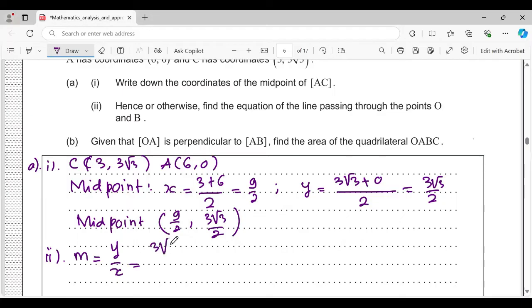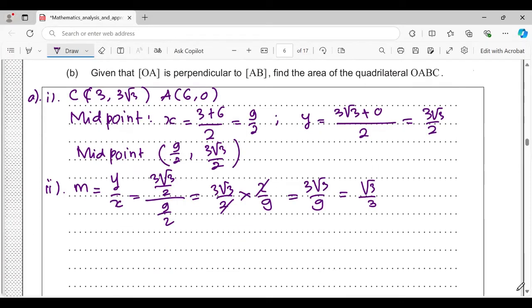So 3 square root 3 over 2 over 9 over 2, 3 square root 3 over 2 times 2 over 9. It will be 3 square root 3 over 9, or square root 3 over 3. That is the gradient.